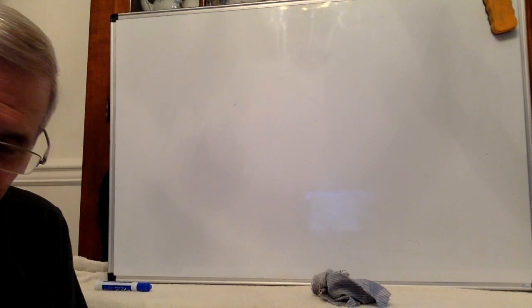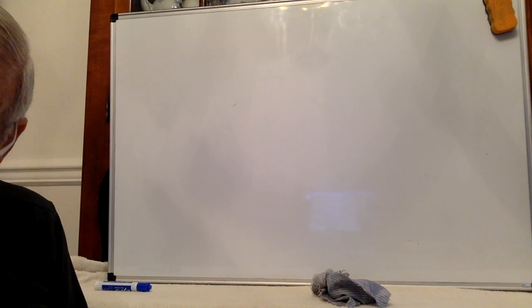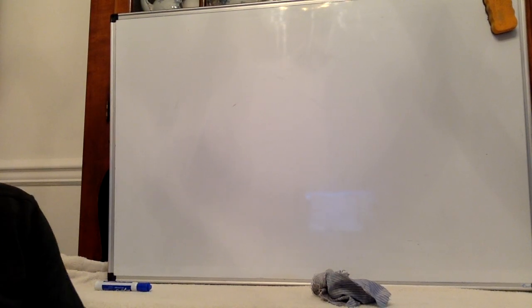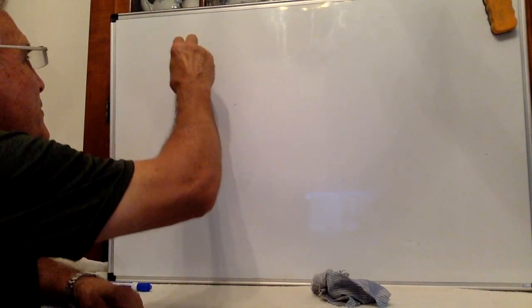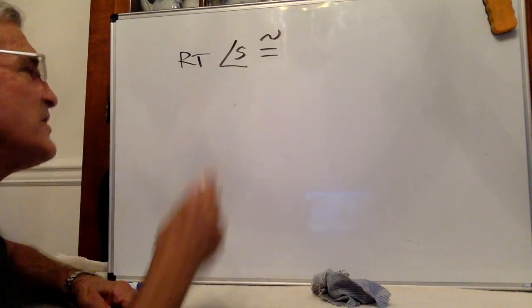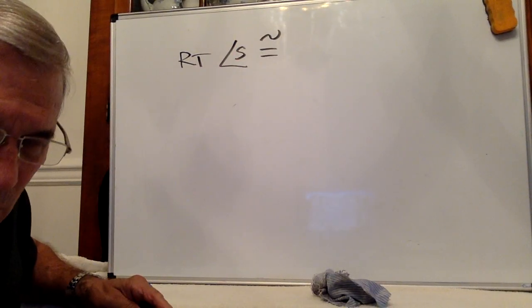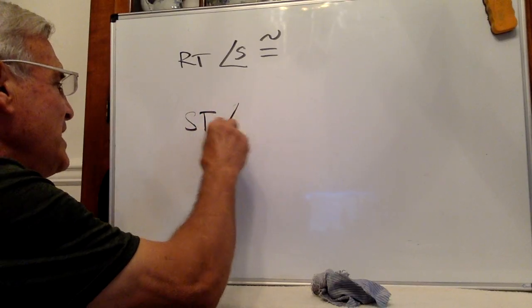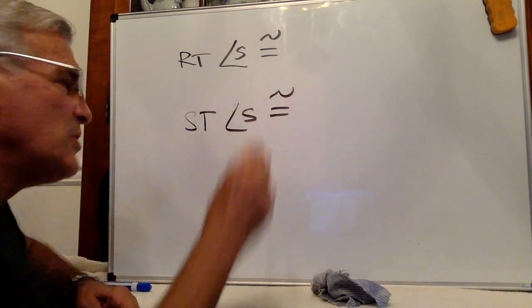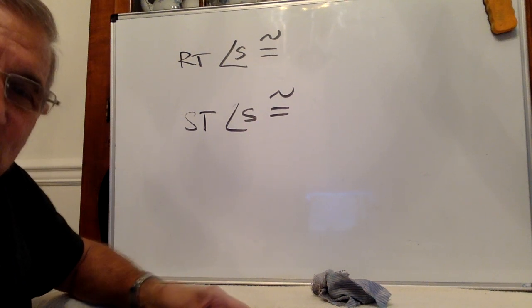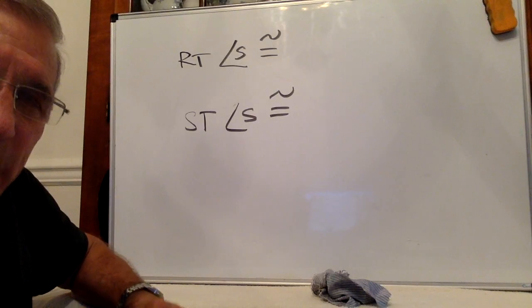We proved the first one, which I called the right angles are congruent. And I don't think I talked about it, but you can write it this way. It's the exact same proof for straight angles. Straight angles are always congruent also because, by definition, a straight angle is an angle that equals 180 degrees.